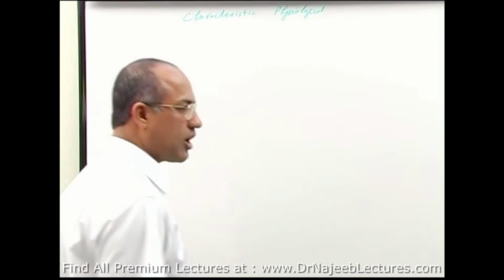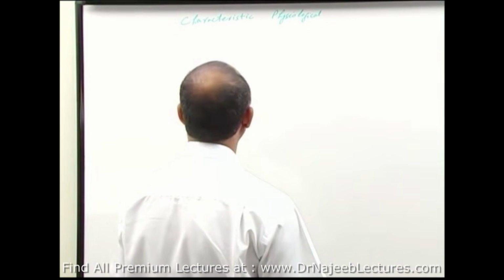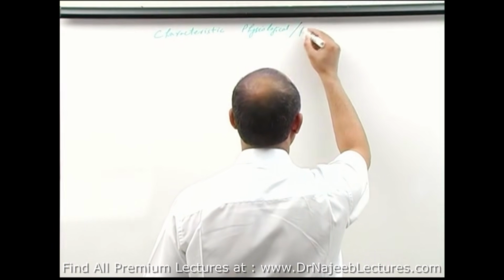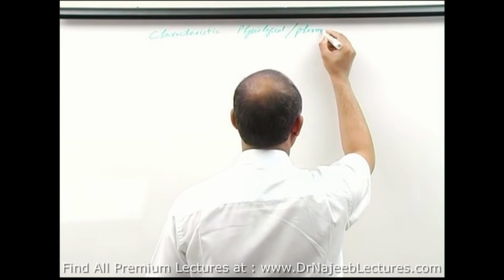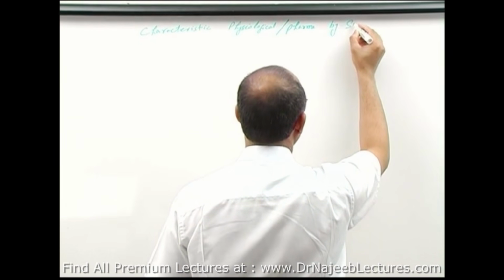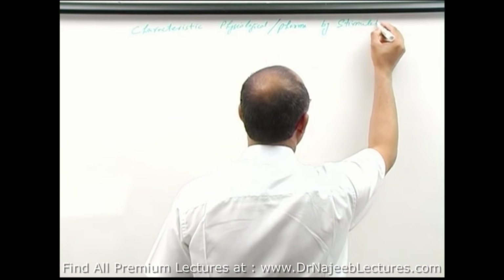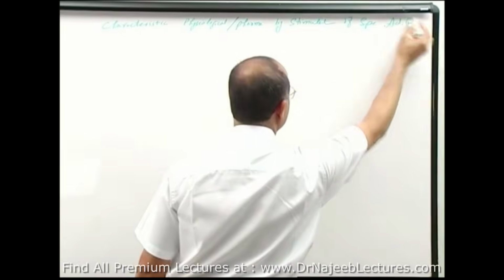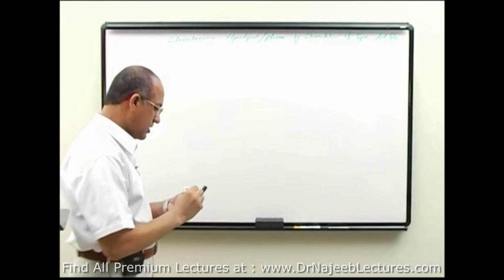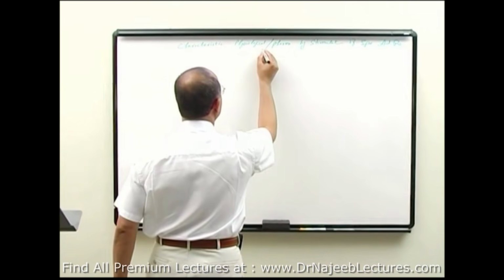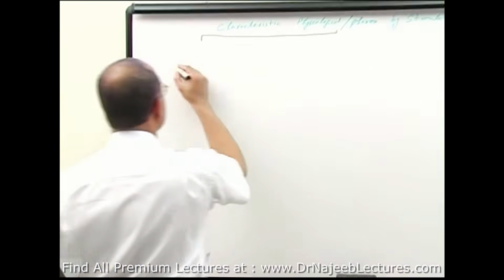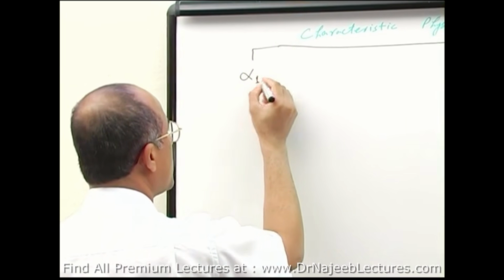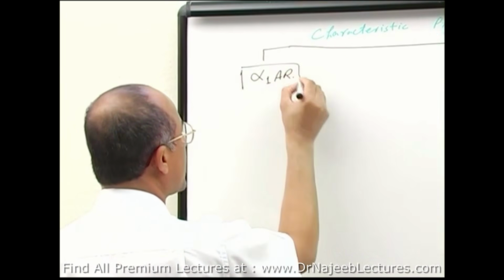So characteristic physiological and pharmacological actions by stimulation of specific adrenergic receptors. Suppose we have a drug which can stimulate alpha 1 receptors, what will be the changes? Alpha 1 adrenergic receptor.